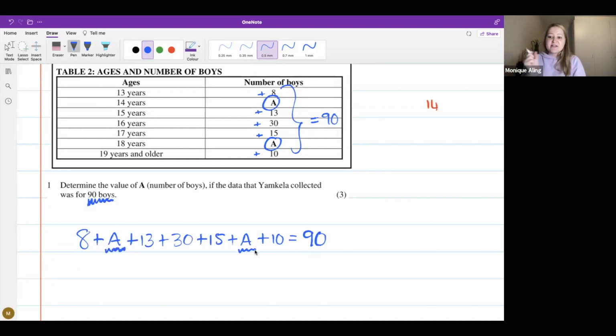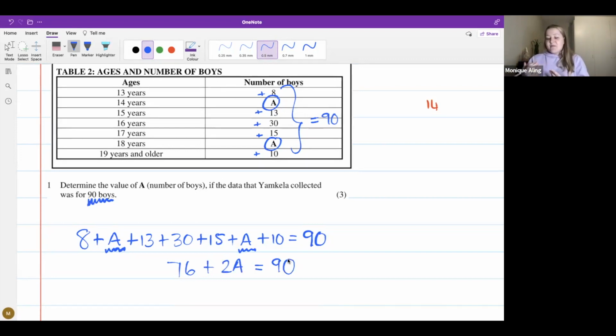I'm going to try and make this look a little bit less confusing. So I'm going to add up all the numbers: 8 plus 13 plus 30 plus 15 plus 10. When I add up the numbers, I get 76, and I have two A's left over.